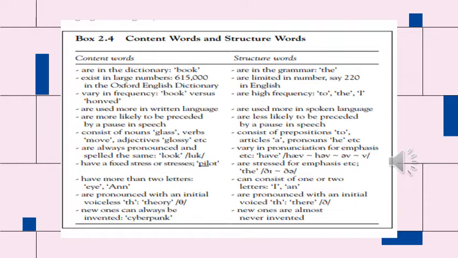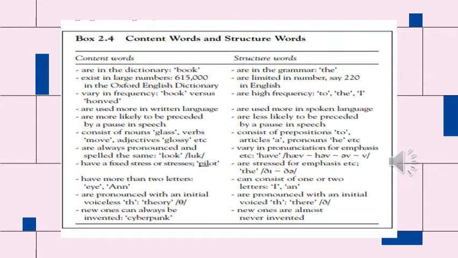For example, book is a noun, the is an article. Content words exist in large numbers, but structure words are limited, let's say, for example, 220. So you see that disparity, which is really huge.